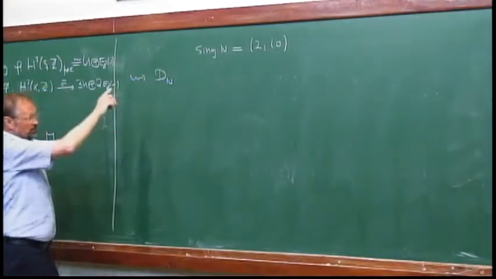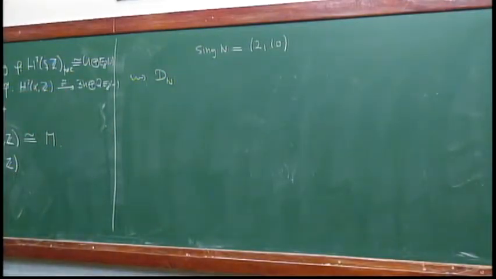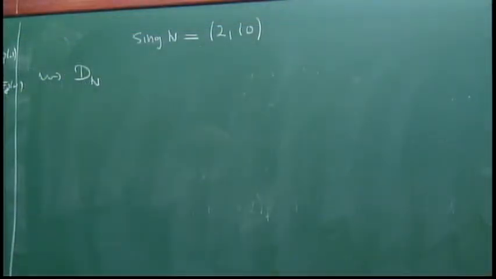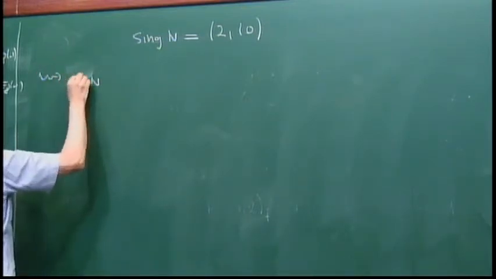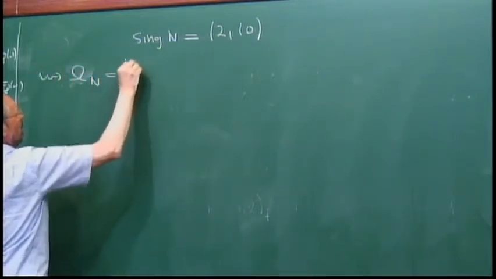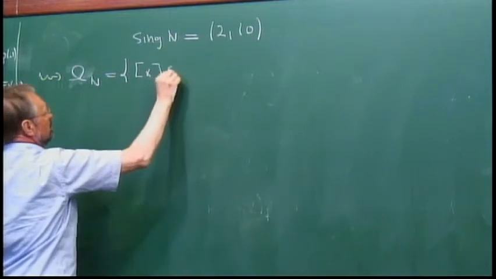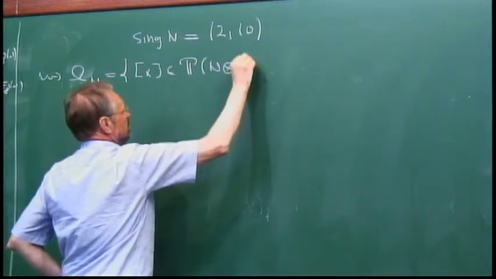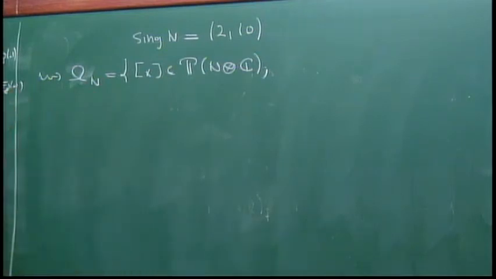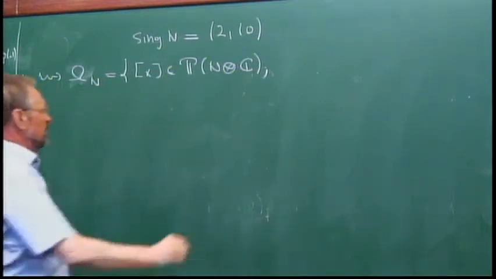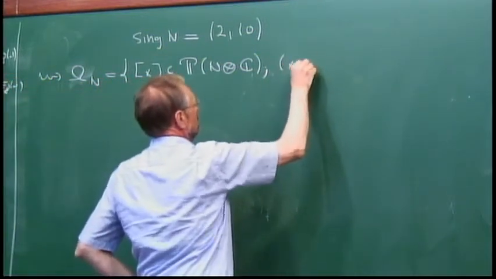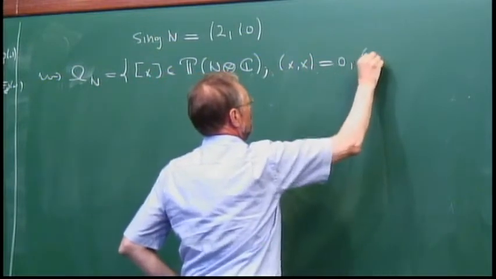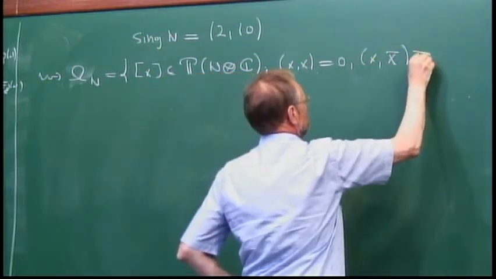And I'll say in 1 minute how this is related to what Gregory was doing. So let me call this omega N, which is all points in the projective space of N tensor C with the property that x comma x is 0 and x, x bar is positive.